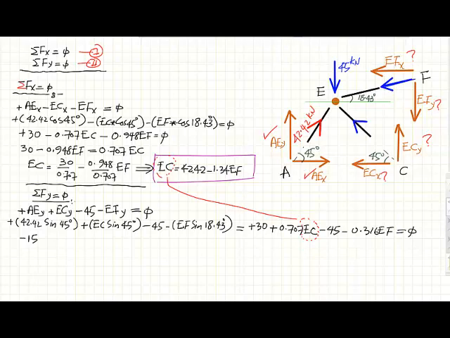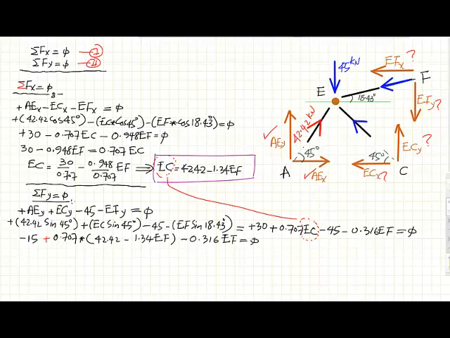So it will be plus 0.707 multiplied by EC is equal to 42.42 minus 1.34 EF, minus 0.316 EF is equal to 0.